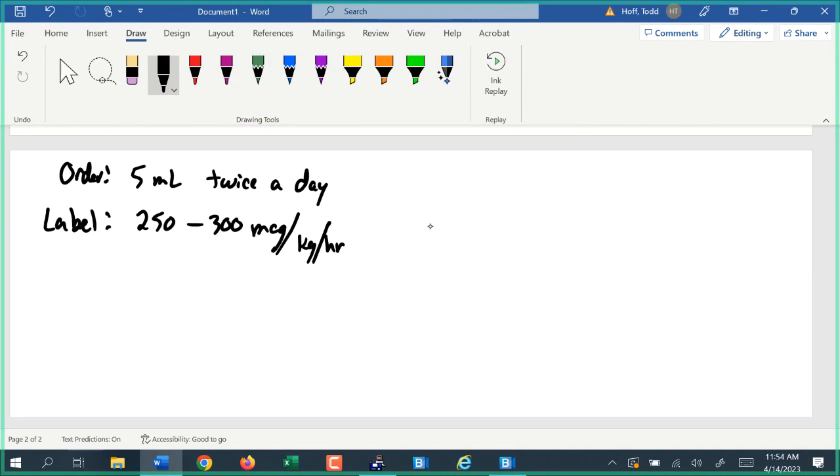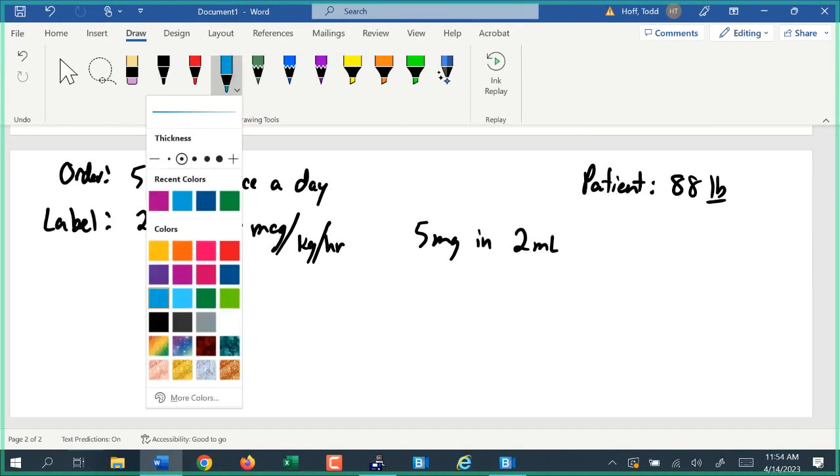The concentration in there is constituted at 5 milligrams in 2 milliliters. And our patient is 88 pounds. But once again, our first step needs to be to convert our pounds into kilograms.